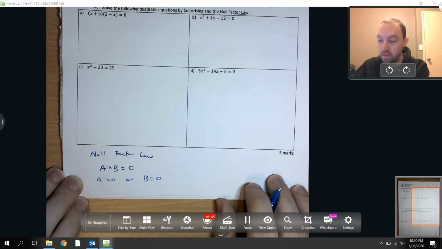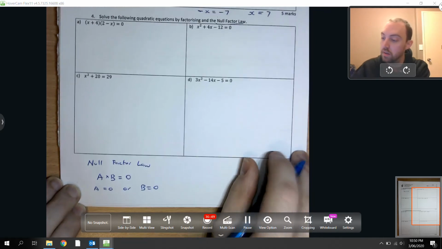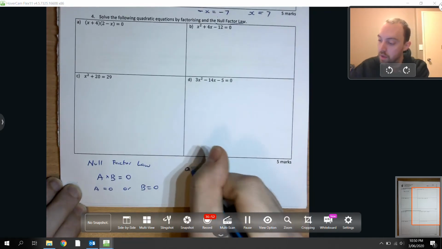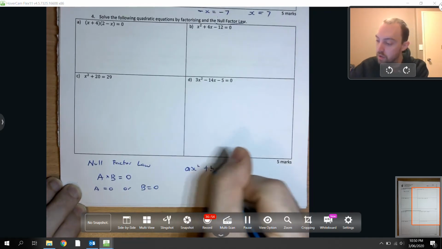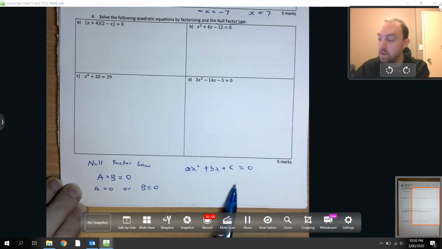That is the idea. We can use this with our quadratics, making sure that when we have any quadratic, if it is equal to 0, then we can start to solve our quadratics.